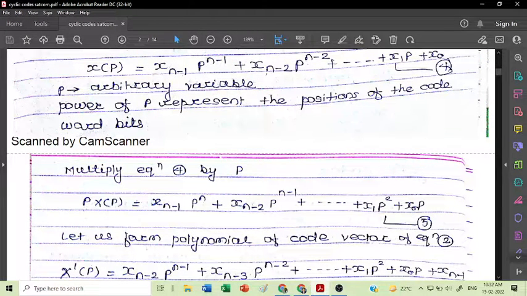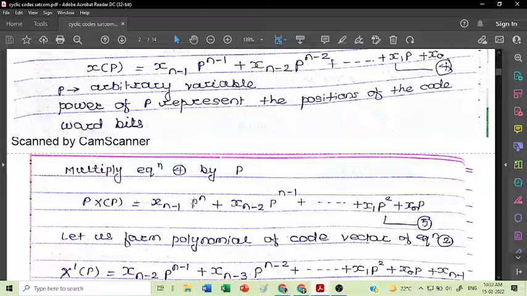Now multiplying equation number 4 by p. If we multiply x of p by p, then we'll get p x of p on the left hand side, which is equal to x of n minus 1 p raised to power n minus 1 into p.